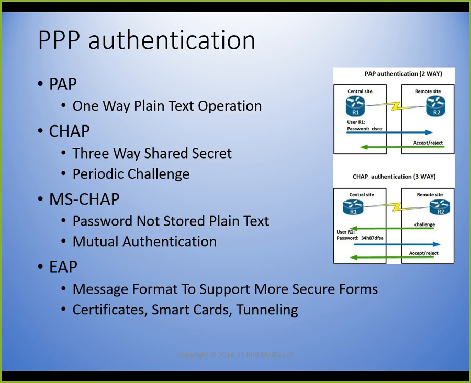We encrypt the challenge with our password and send it back to the device, and then we either get the accept or reject on it. The challenge can be issued during the connection, so it's going to be a little bit more secure, preventing session hijacking or capturing of what's going on there.